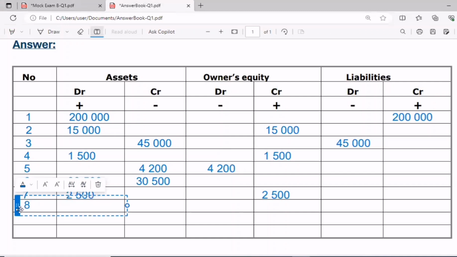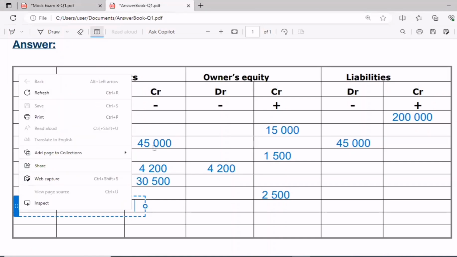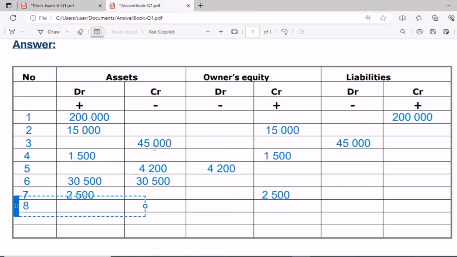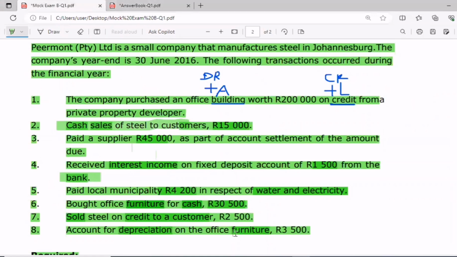It's now transaction number 8. So we said the value of furniture will decrease because of depreciation. So depreciation reduces the value of assets. So our asset in this case is the furniture. So the value of furniture will decrease by 3.5, which is the depreciation.